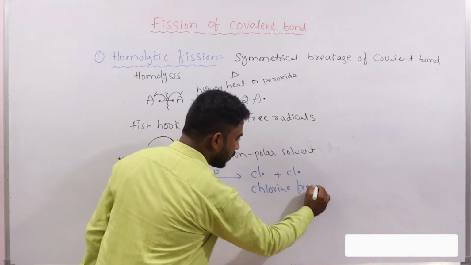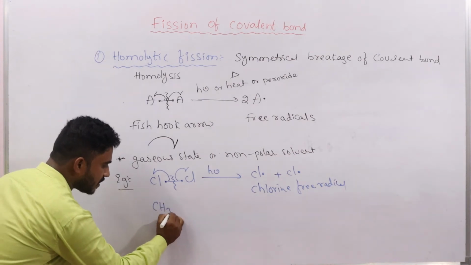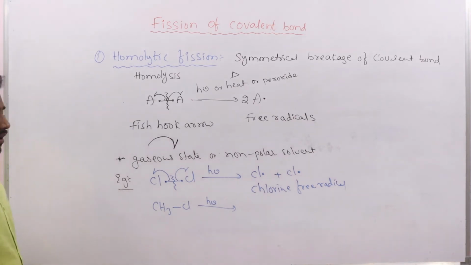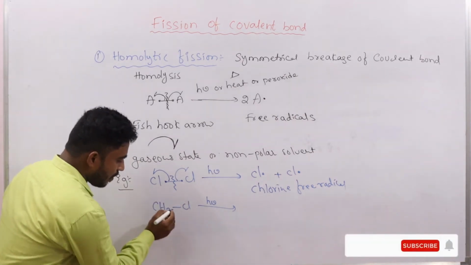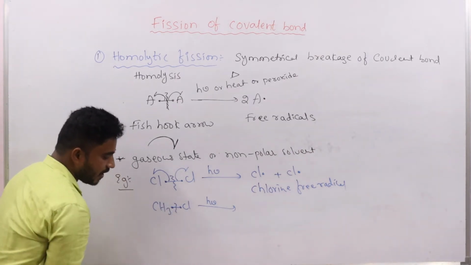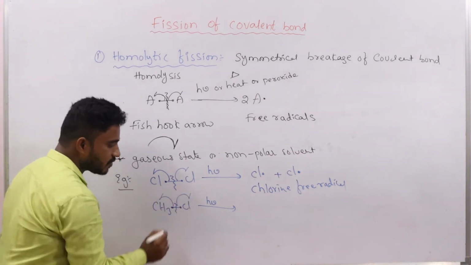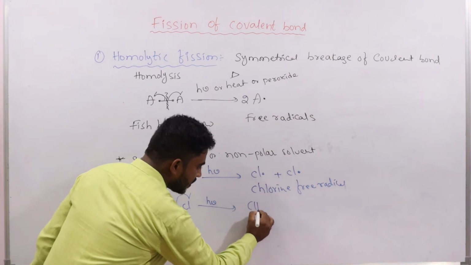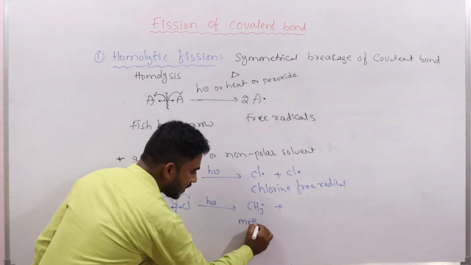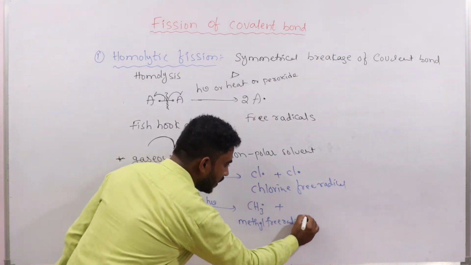Then we can see one more example: CH3Cl. When you apply light, the bond between carbon and chlorine undergoes homolytic cleavage. One electron moves towards the CH3 side and one towards the chlorine side, giving a CH3 free radical, the methyl free radical, and a chlorine free radical.